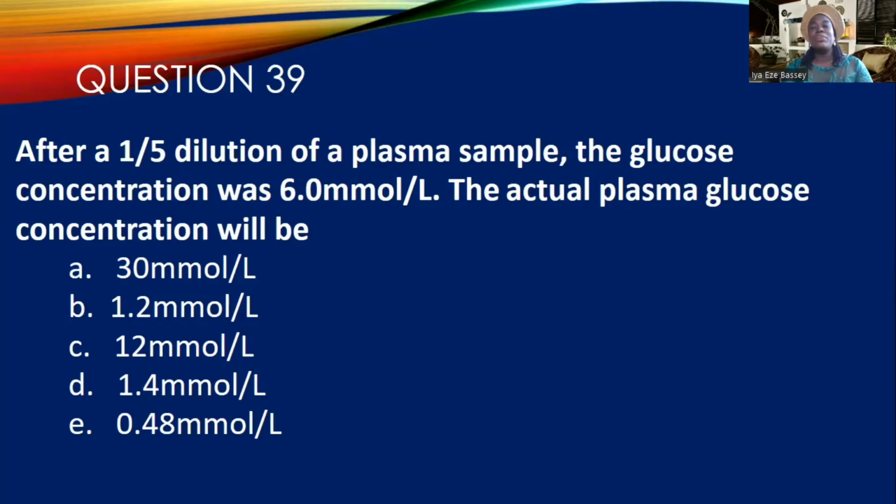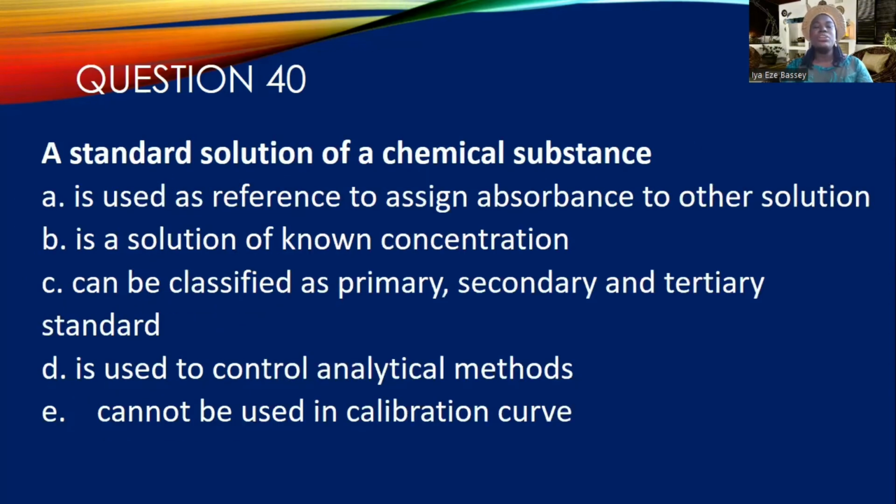First of all, you did a 1:5 dilution, which means you took 1 part of the sample and 4 parts of the diluent. So that's a 1:5. Your dilution factor will be 5. So your answer would be 6.0 millimoles times 5, which gives you 30. Question 40.